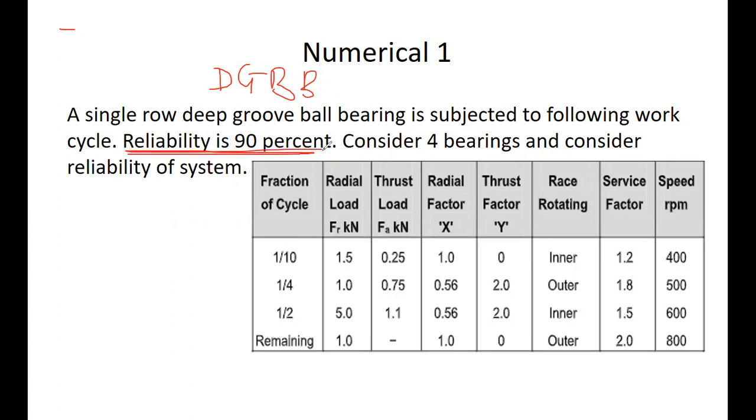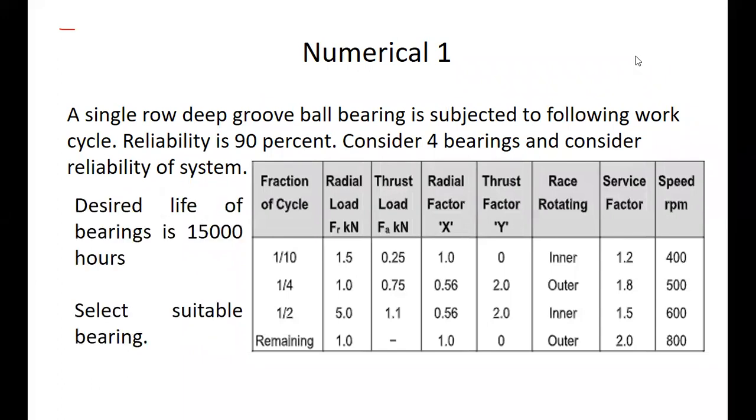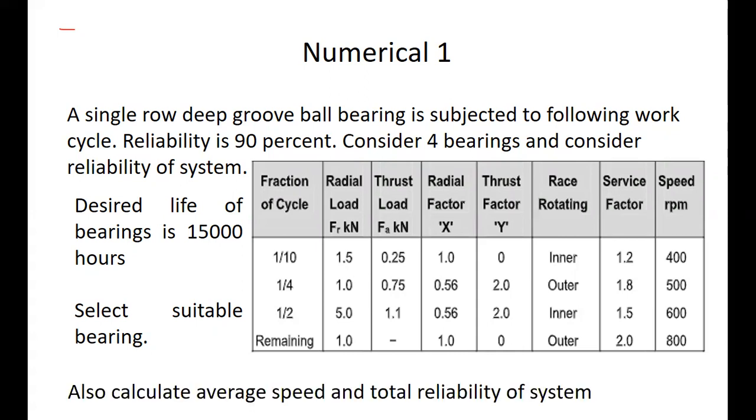Consider 4 bearings and consider the reliability of the system. Desired life of bearings is 15,000 hours. We have to select a suitable bearing from the manufacturer's catalog. Also, you have to calculate average speed and total reliability of the system.